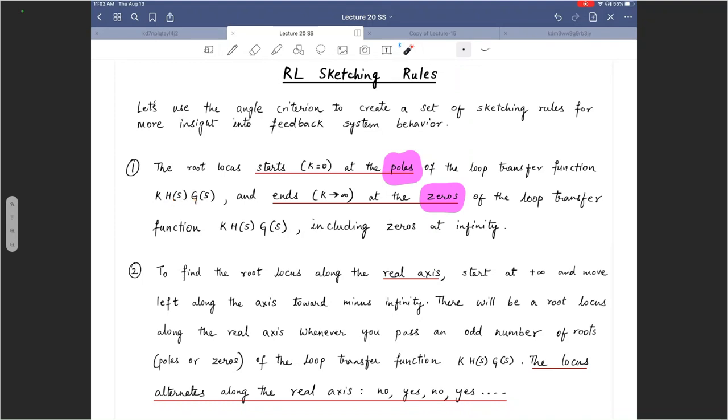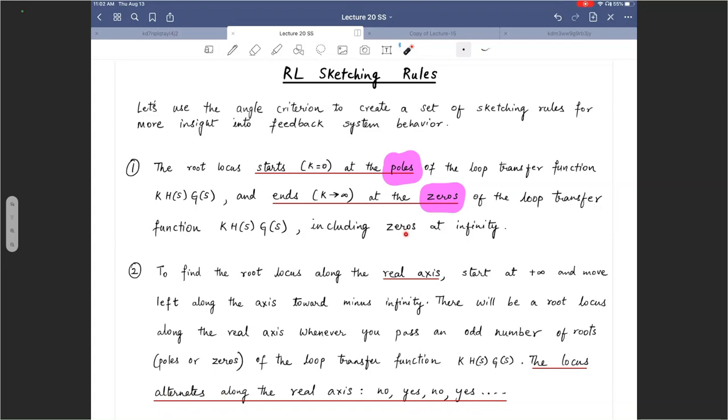The root locus is going to start at k equals 0 and it is going to end at k equals infinity, which essentially means the root locus will start at the poles and it will end at the zeros of the loop transfer function. The zeros include the actual zeros that you can sketch on the S-plane, but also include zeros at infinity.